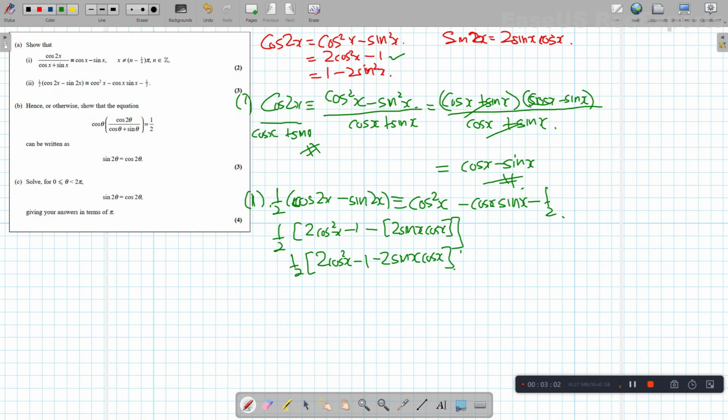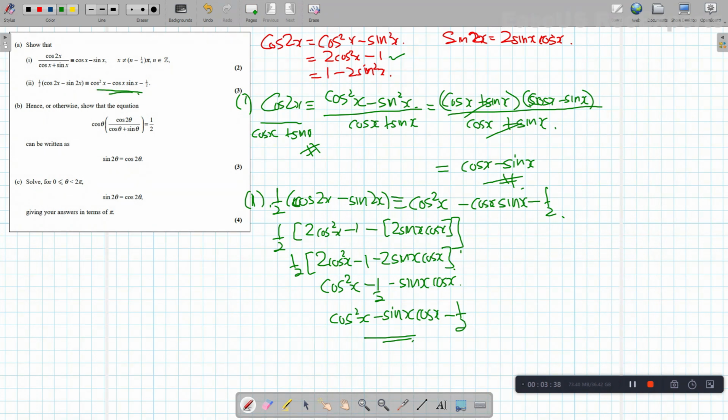Now if I multiply the half inside, half times 2cos²x gives me cos²x, half times negative 1 is negative half, and half times negative 2 sin x cos x is negative sin x cos x. Now let's rearrange this. When I rearrange, you get cos²x - sin x cos x - half. So that is the same as what's here.